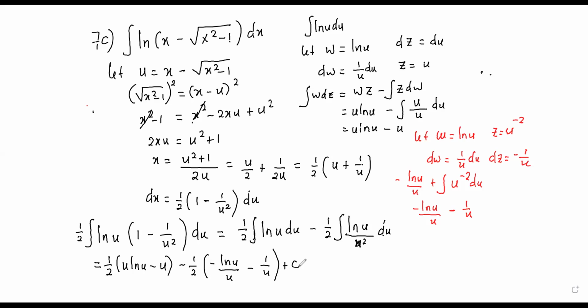So I can trust you now. Where there is u, substitute u equal to x minus root of x squared minus 1 in the solution.